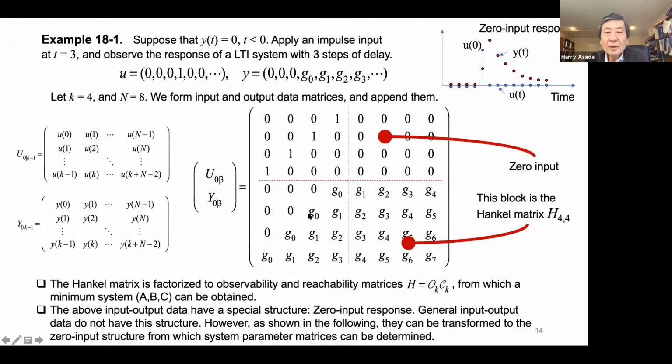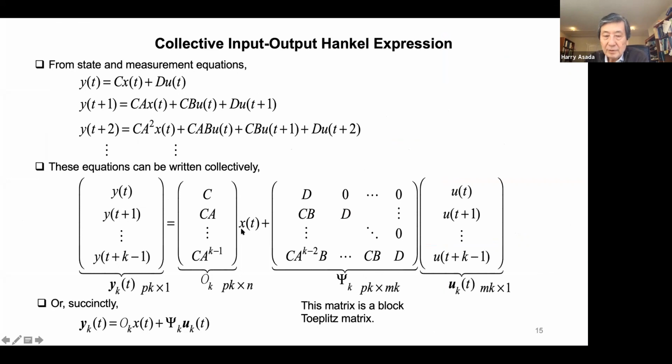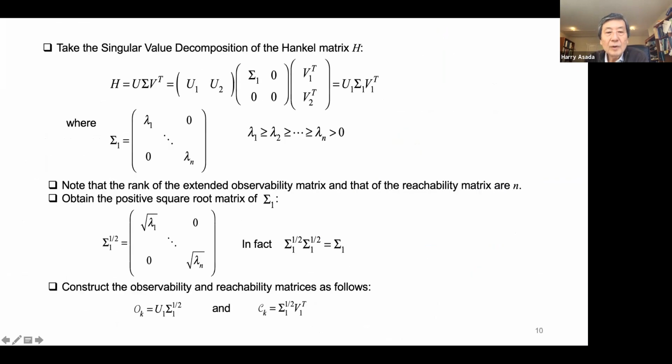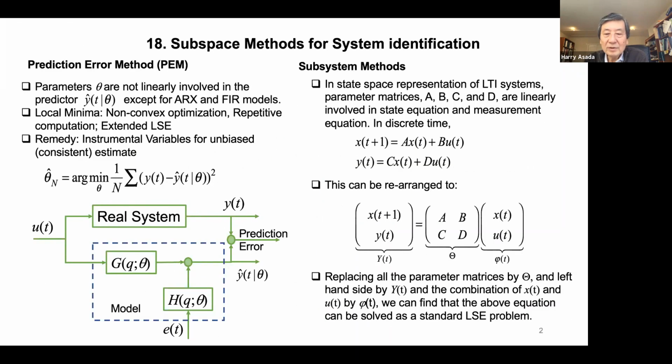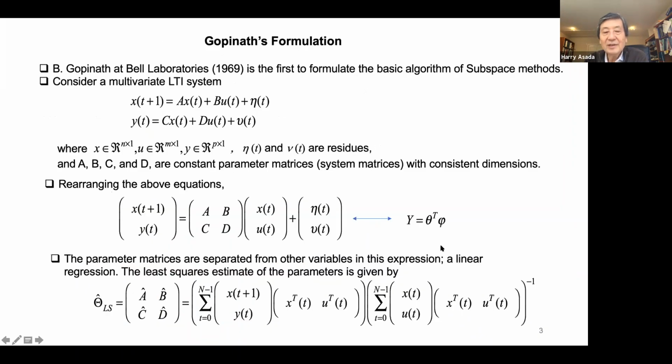Let me just quickly review where we are. Okay, so starting with the big picture, we wanted to determine ABCD, and ABCD are linearly involved, so that's a good thing, right?